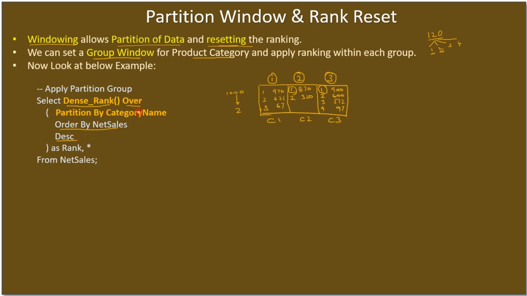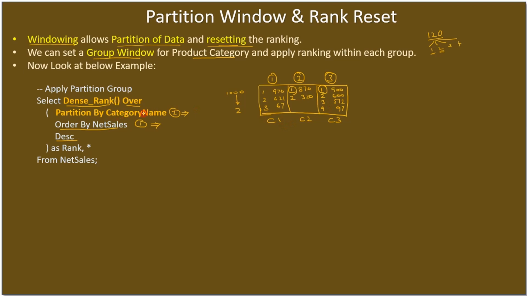Here you have to think of two entities. One is the net sales, which is used to perform the ranking. The other is used to categorize the ranking and divide it into groups.